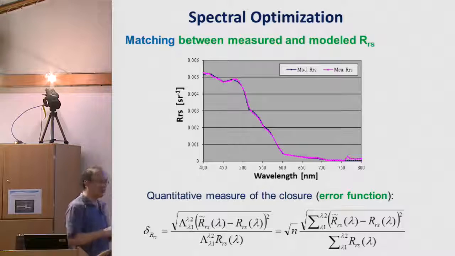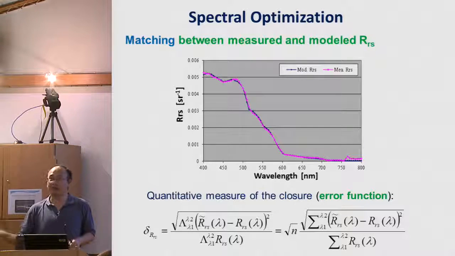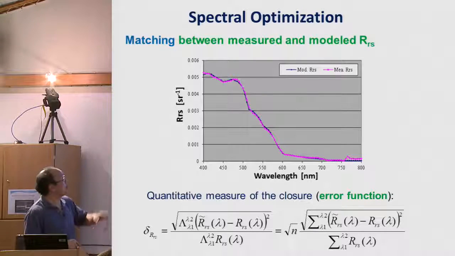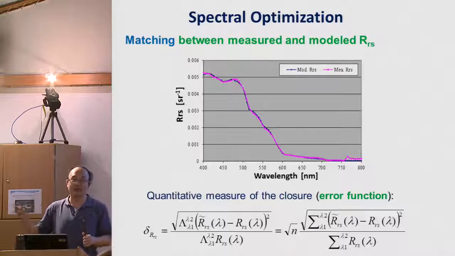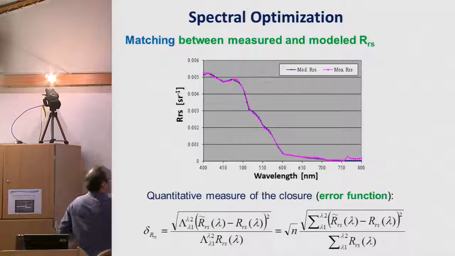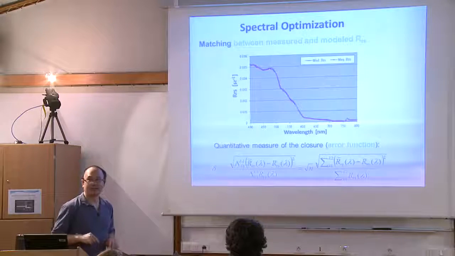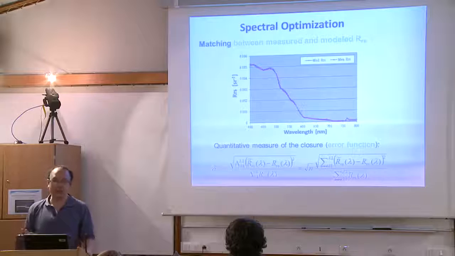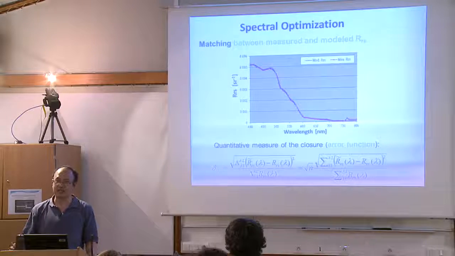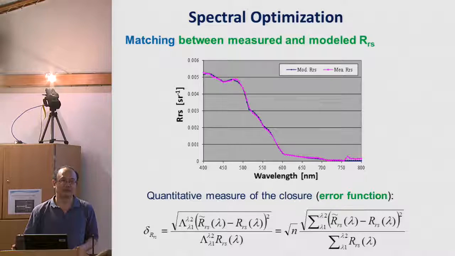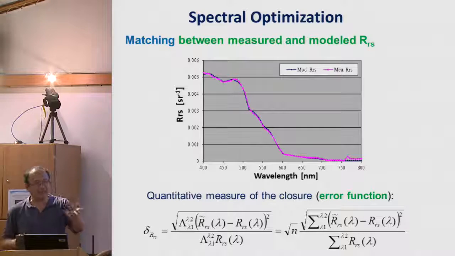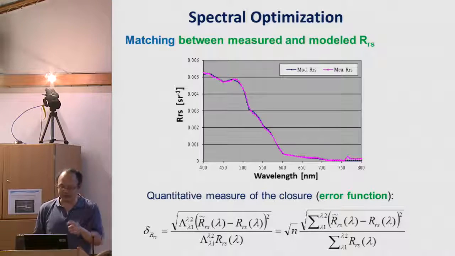When this number is minimized and cannot get any smaller, we call that set of M1 to M3 the solution for this given remote sensing reflectance. That's what spectral optimization means: trying to find the best remote sensing reflectance matching that measured or given remote sensing reflectance spectrum.